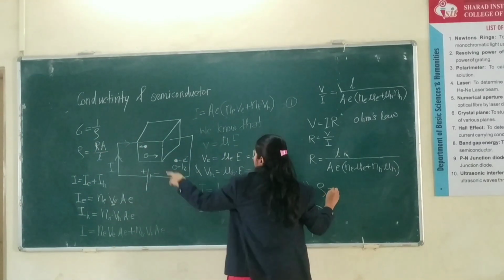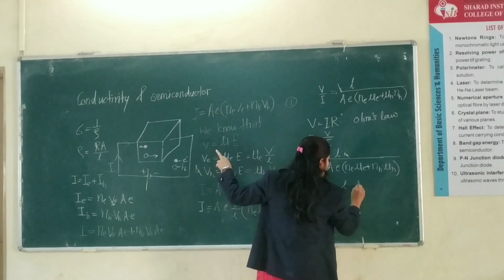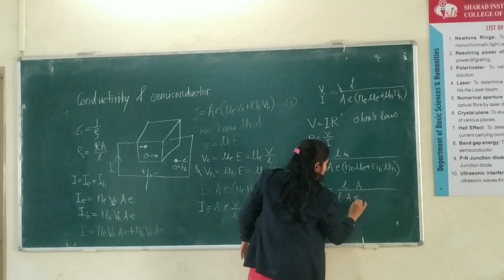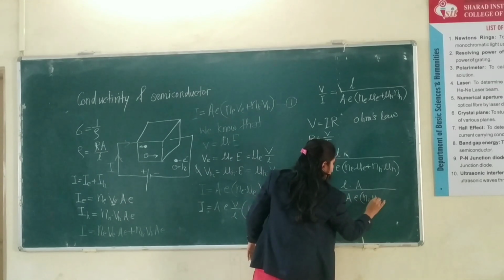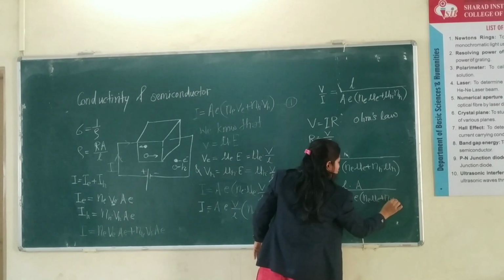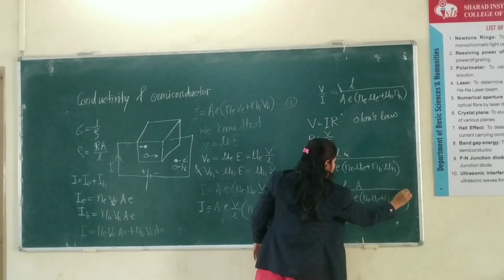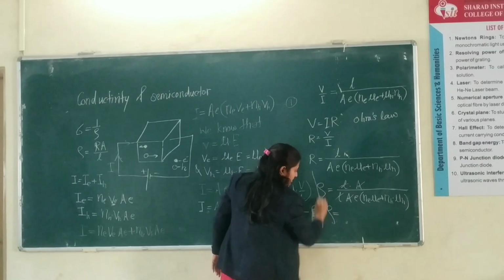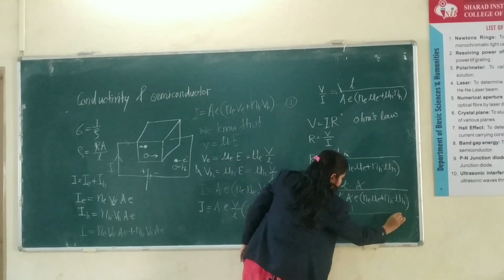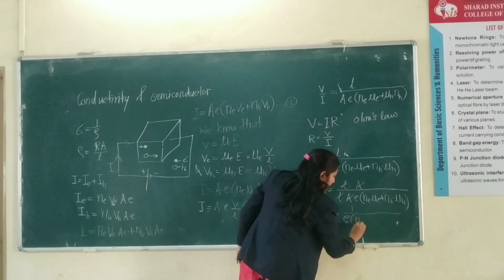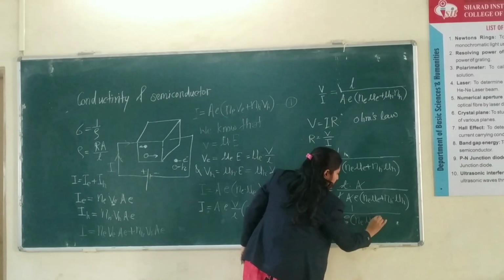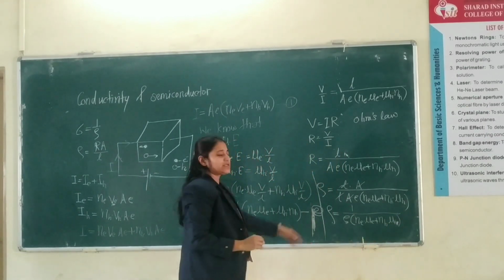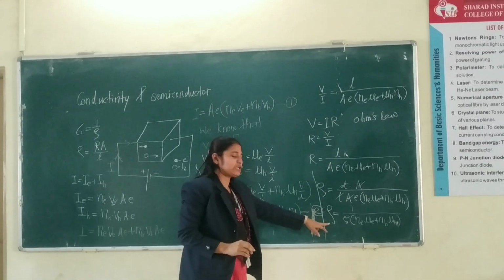So rho is equal to L into A divided by L into A into E into Ne mu E plus NH into mu H. Okay, so after cancellation of terms, we get resistivity is equal to 1 divided by E in bracket Ne mu E plus NH into mu H. Okay, so here is the resistivity of semiconducting material.